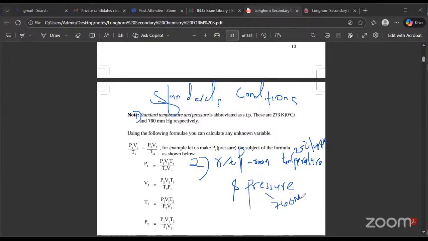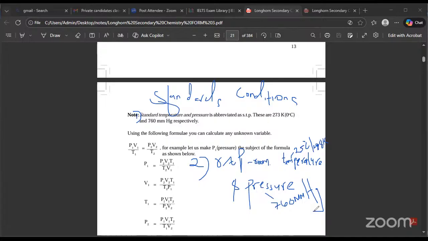So we have two standard conditions. The only thing that they didn't mention is the RTP. Now they did give us the standard temperature, which is the STP. They didn't tell us about RTP. I don't know if we are okay, Monica? Yes.